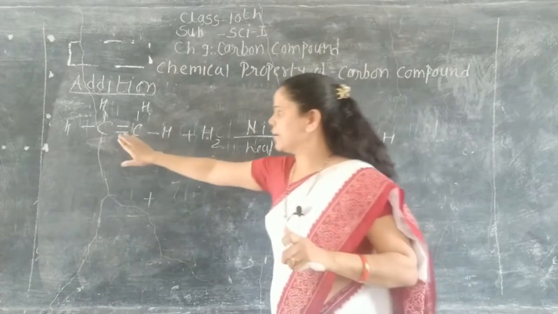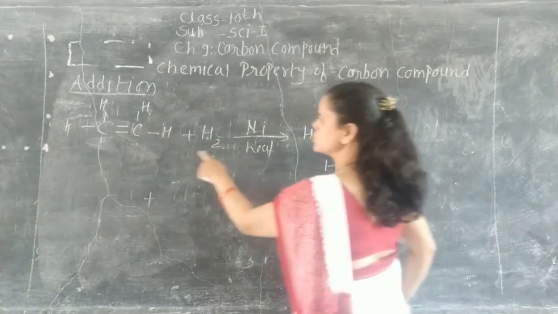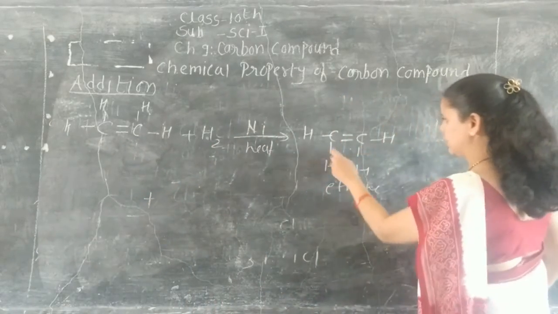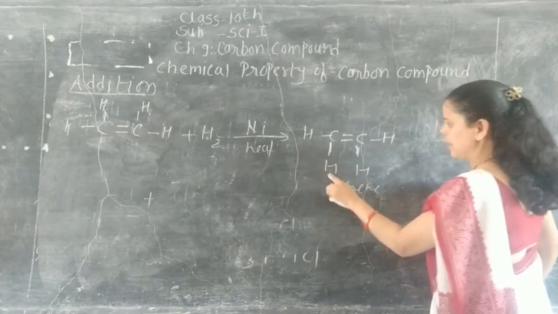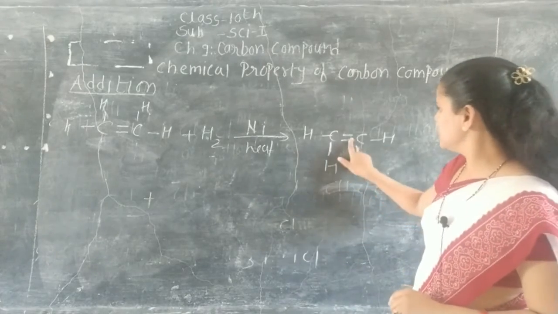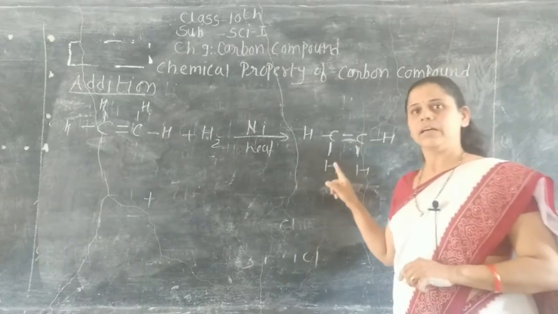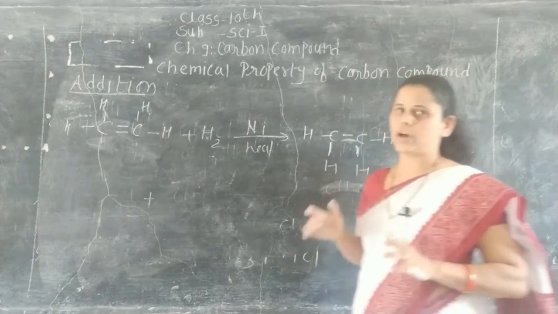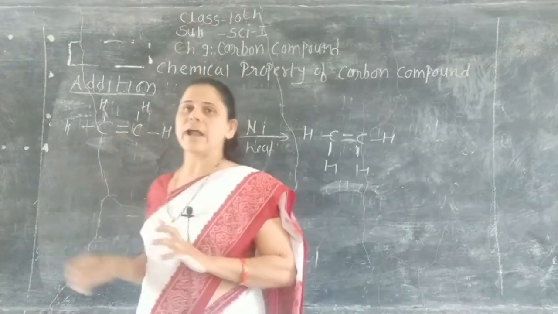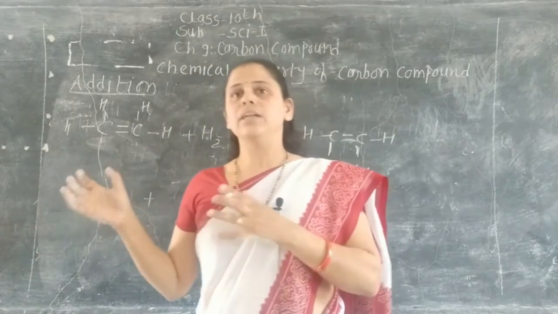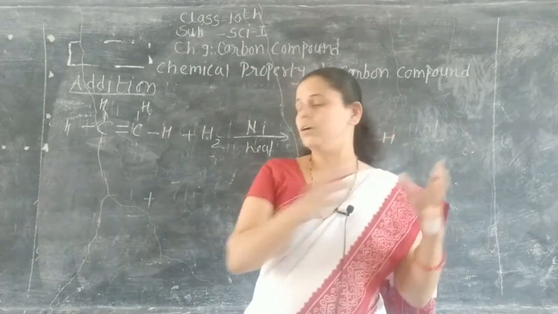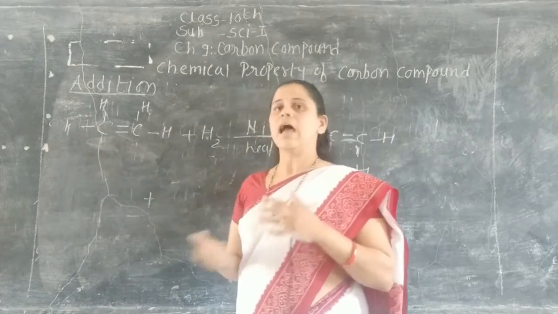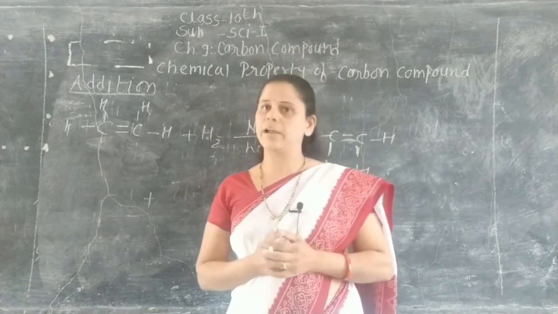So this bond breaks down and this hydrogen atom adds to this compound and forms ethane, and that is a saturated hydrocarbon. So in an addition reaction, one atom is added to one hydrocarbon and forms a saturated hydrocarbon.